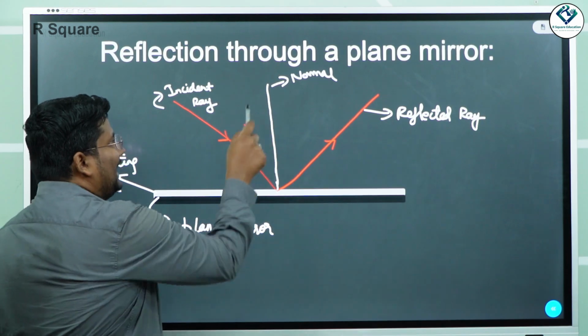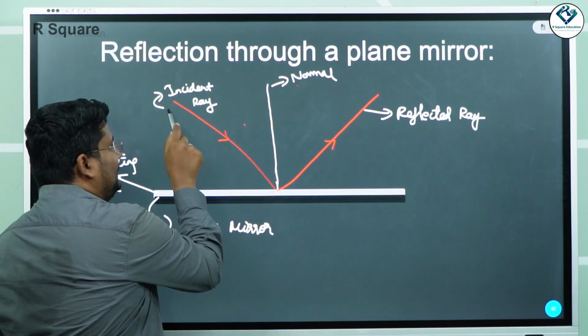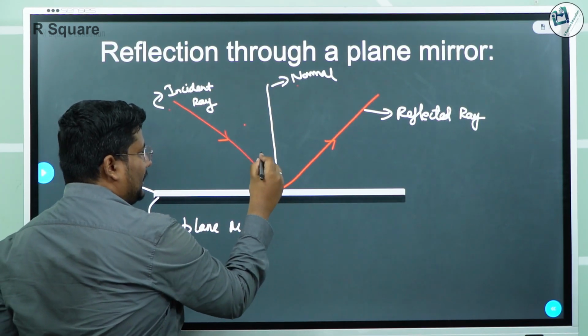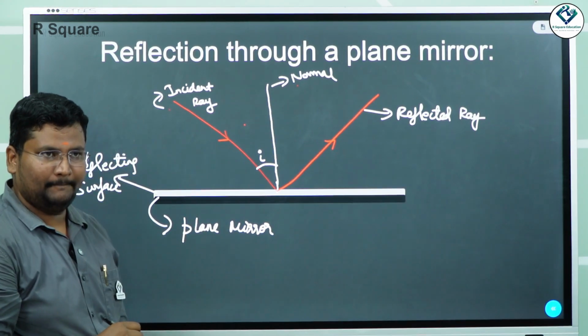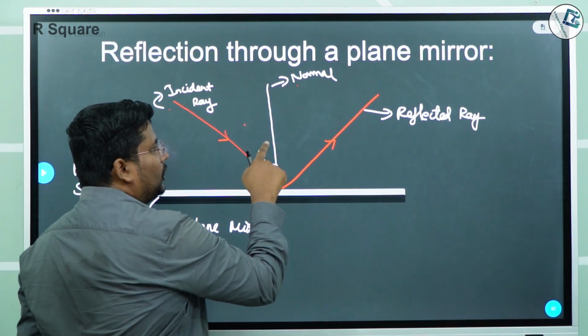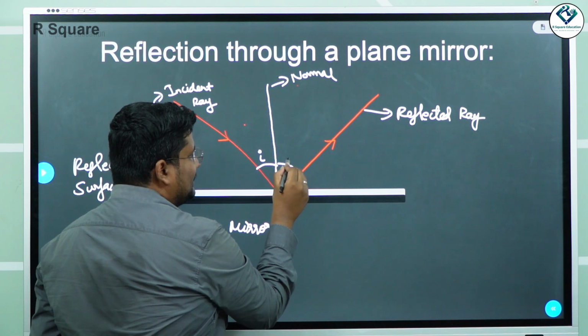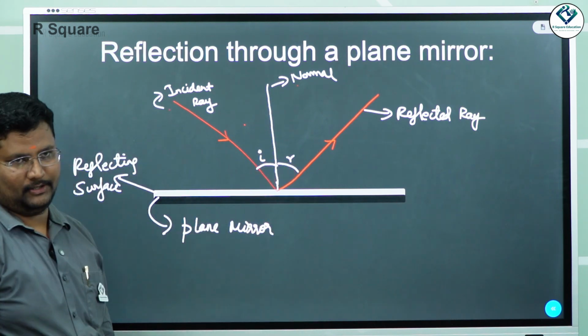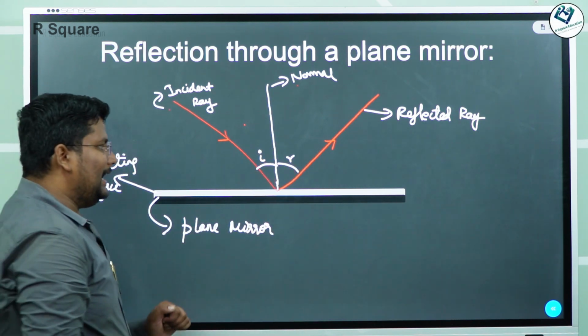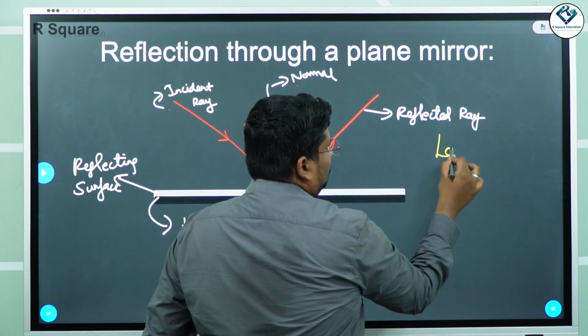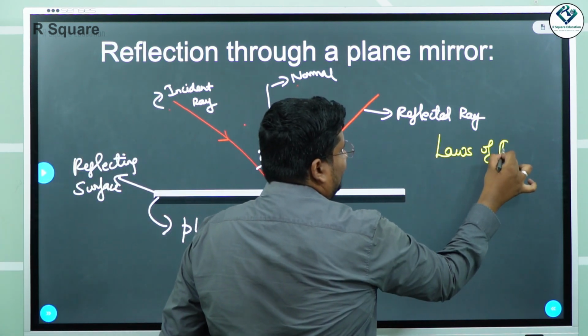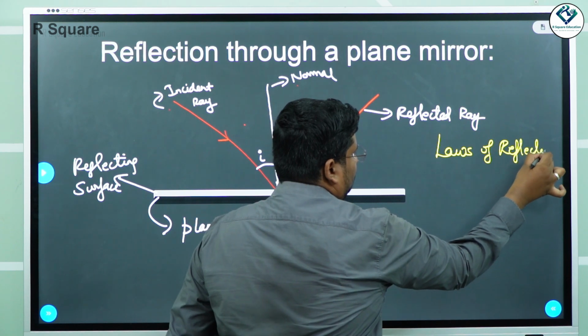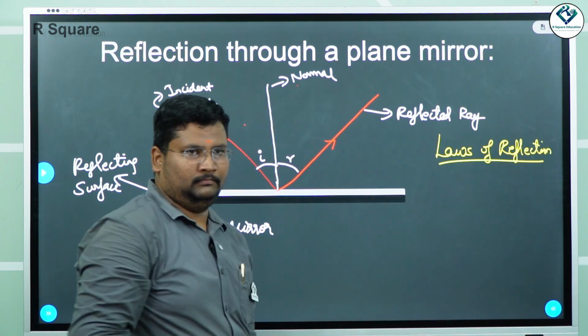The angle between the normal and the incident ray is called the angle of incidence, and the angle between the normal and the reflected ray is called the angle of reflection. So we have something called the laws of reflection.